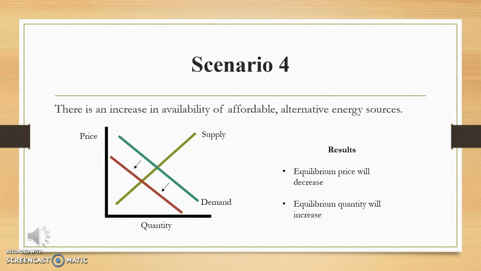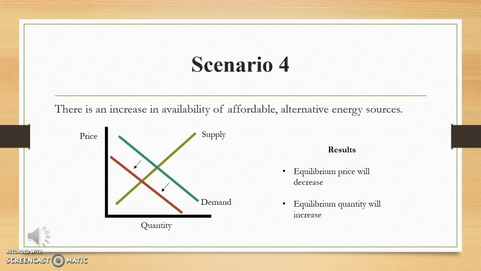Scenario 4, there's an increase in availability of affordable energy sources. Well, what this is going to do is it's going to take our equilibrium price and make it decrease. And this is due to, we're going to have to lower the price to keep up with these more affordable options that are out there. And our equilibrium quantity is going to increase, and that's because people are buying these cheaper alternative energy sources that they can.